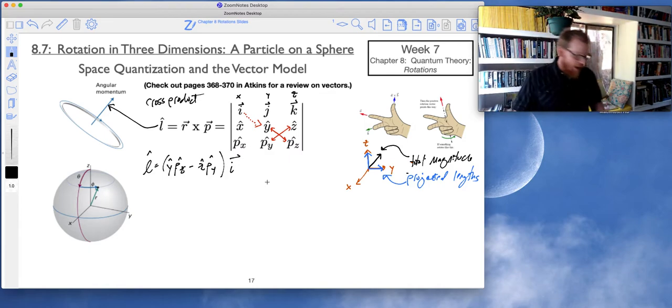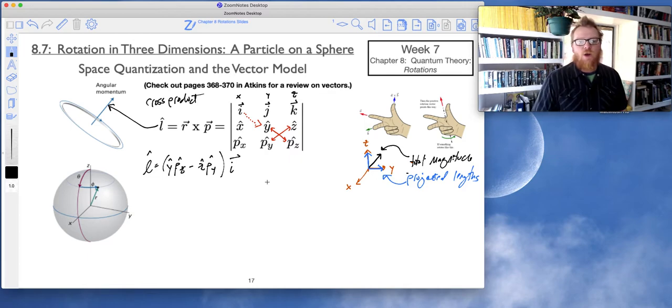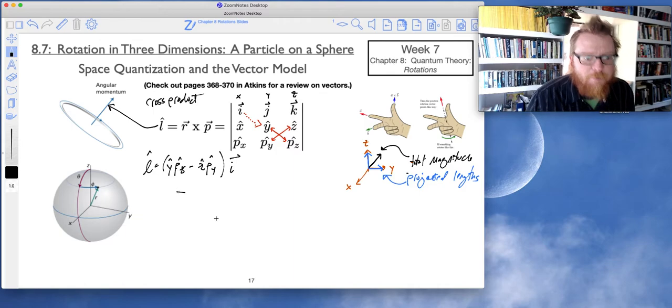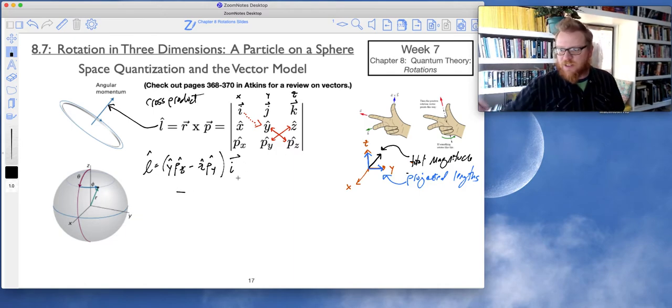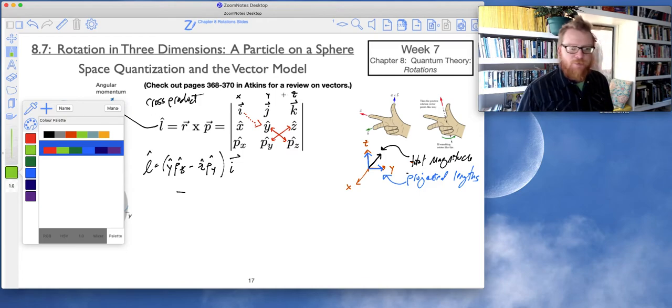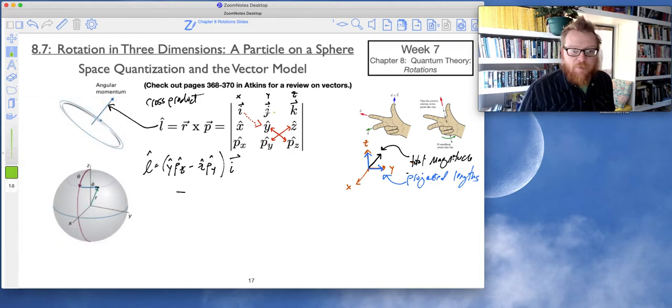Now we've got to keep going with the other dimensions. I didn't leave myself enough room, so on this next line down I'm going to say minus. We keep summing up all of these projected lengths. Now when I go to j, let's get a different color for j. I'm going to go over and draw a dot to the x, and now I do this diagonal. So now we go x pz and z px.